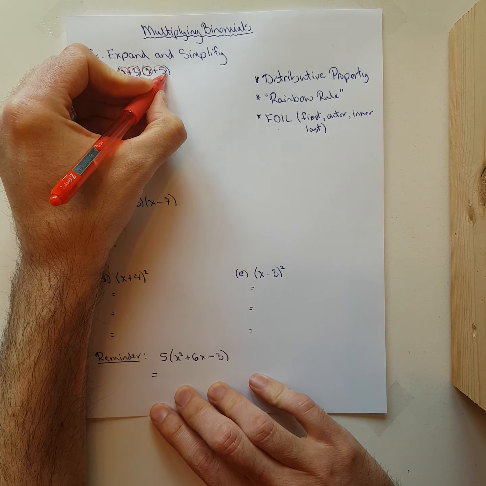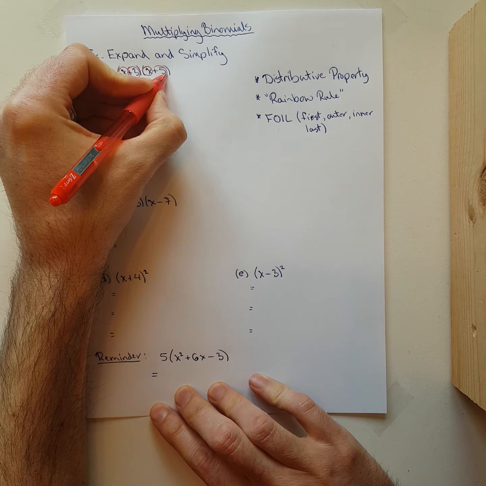So in the second one, I will do the exact same thing. I like to again start by, I'm just going to circle all 4 of these terms, including the sign with the appropriate term, so the negative 6 and the positive 2. We can then draw these rainbows if we want, x times both terms in the second bracket, and then the negative 6 times both terms in the second bracket.